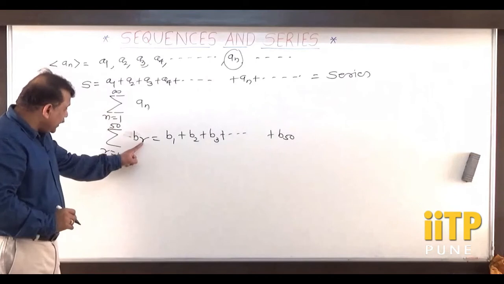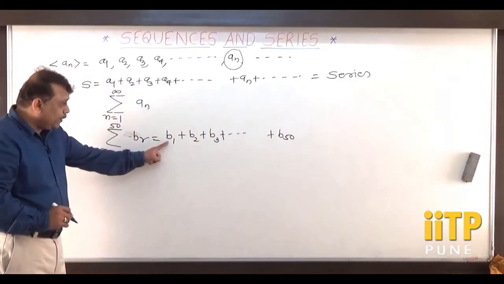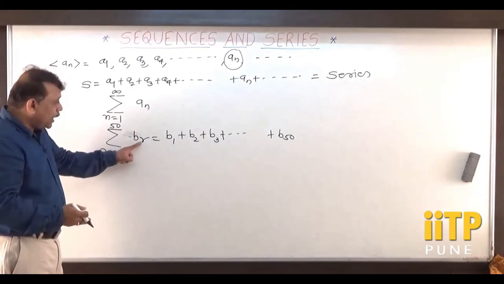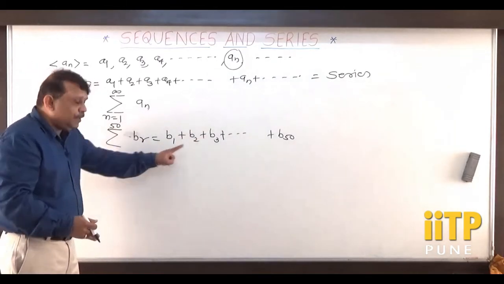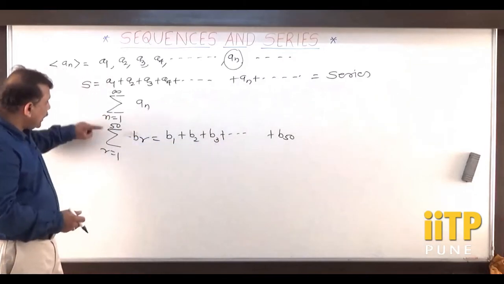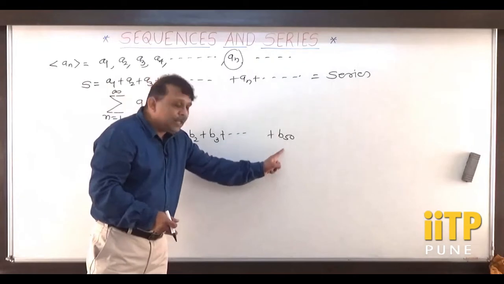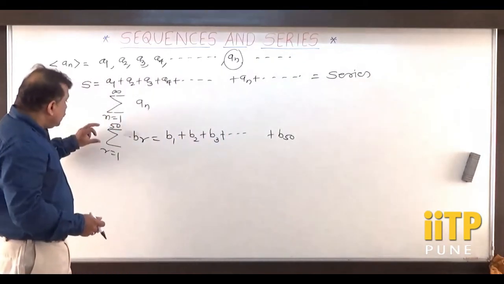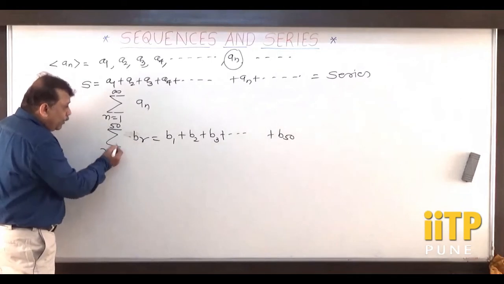So I am putting r equal to the first value of r, 1, b1, then you say plus, put r equal to 2, you write b2, then plus b3, then plus dot dot dot, and the last value of r is 50. So this way I am getting b50. So sigma br can be expanded by putting r equal to 1, 2, 3, etc.